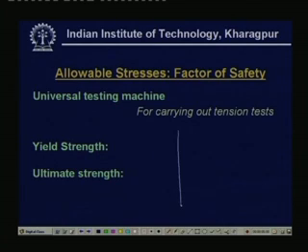if we consider a tension test, this is the strain direction and this is the stress direction, which we define as the load acting upon the cross-sectional area of the specimen.